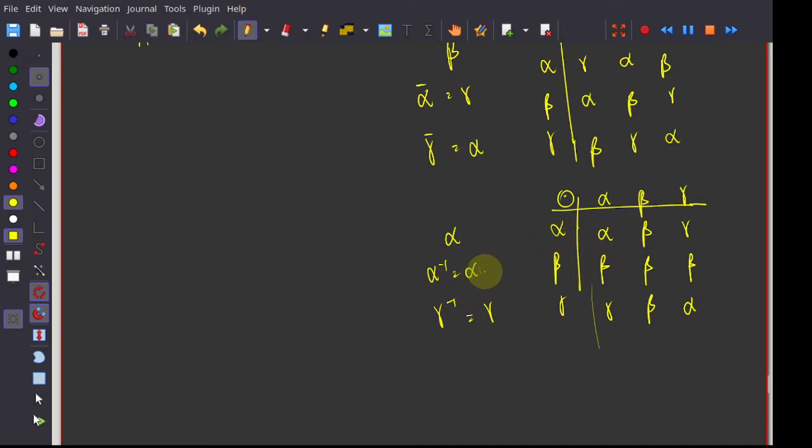And that always happens, right? Because it's the multiplicative identity. Now, beta we don't care. Gamma, we want to find the multiplicative inverse of gamma. So find out multiplying this with which element gives me alpha. In this case, it is gamma. So gamma inverse is equal to gamma.